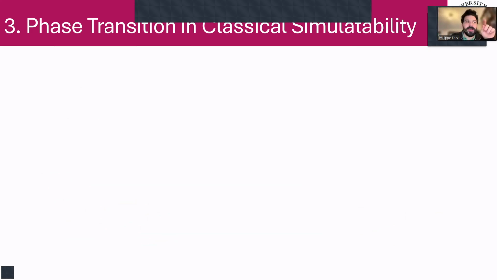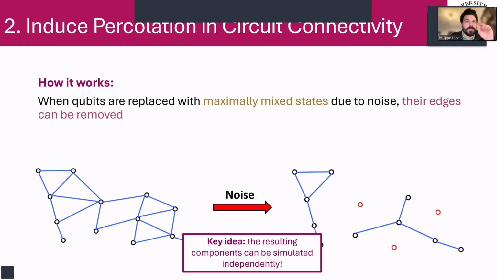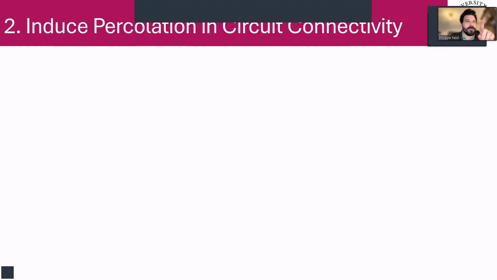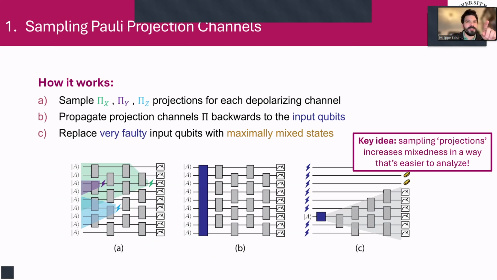Can I just ask one thing I didn't catch two slides ago? I thought you were going to explain that with the interaction graph, but it seems like it's actually different. So your point C is you replace very faulty input qubits with these maximally mixed states. How do you decide which qubits to replace? Yeah, I guess I didn't say that explicitly. What you do is you combine all of these projection channels at the beginning.